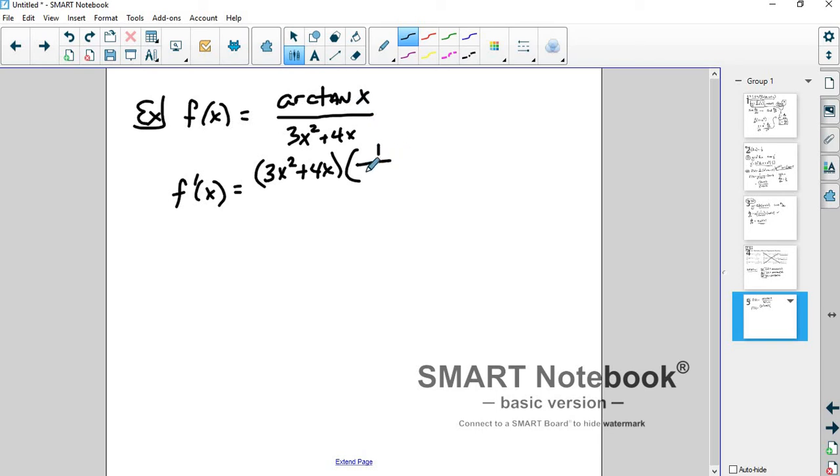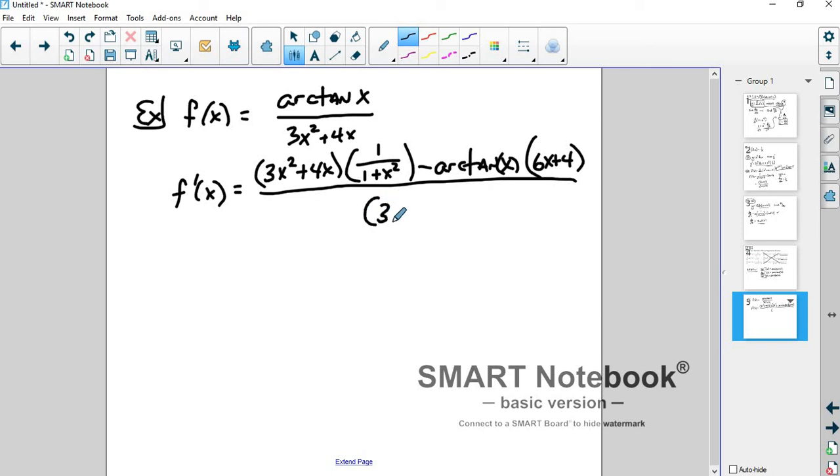The derivative of arctangent is 1 over 1 plus x squared, that's the rule we just saw, minus the top times the derivative of the bottom, which is 6x plus 4. And then that's all over the bottom squared. Again, I am very well aware this is a complex fraction. That's not ideal, certainly not simplified, but I am still okay with that answer.